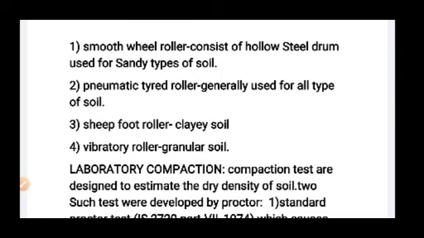Sheep foot roller is mainly used for clay soil, and vibratory roller for granular soil. Sand or sand-gravel mixture with silt shows good compaction characteristics, whereas organic soils are not recommended for structural earthfill.